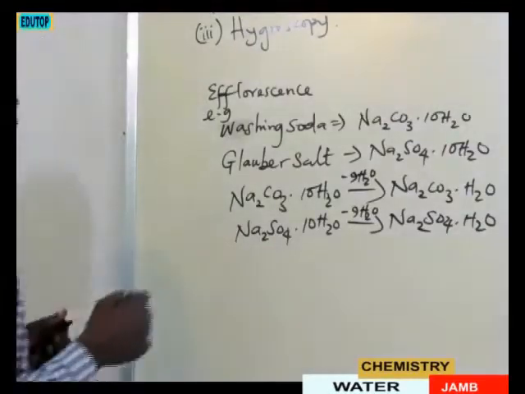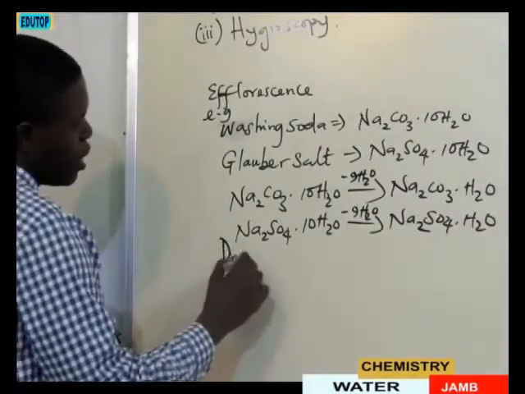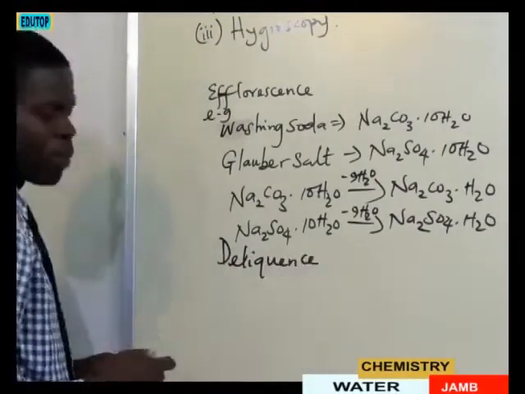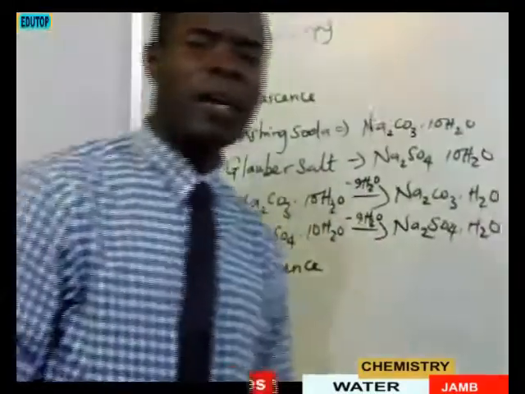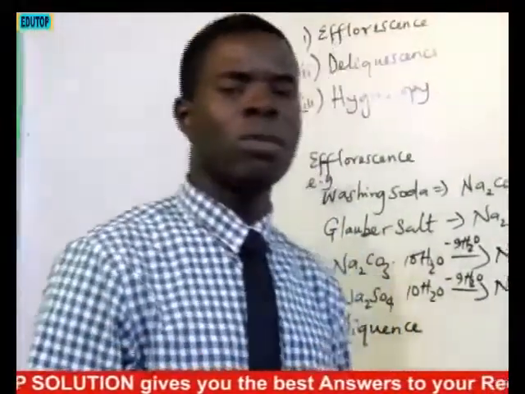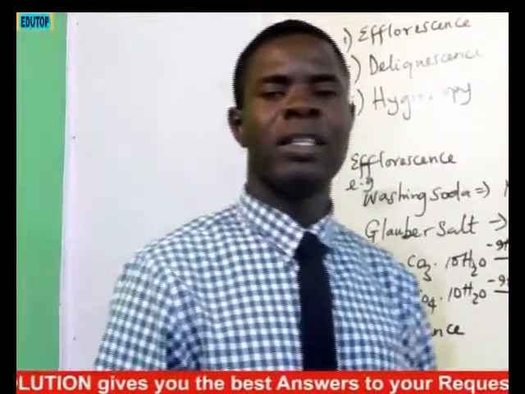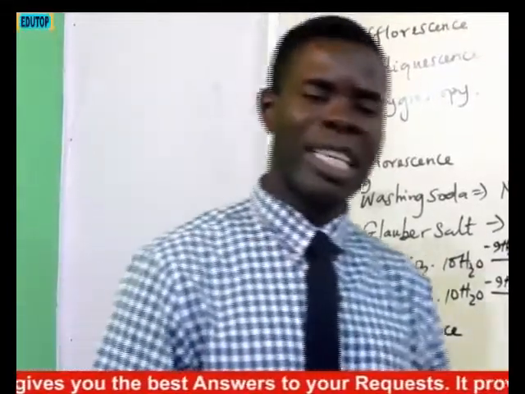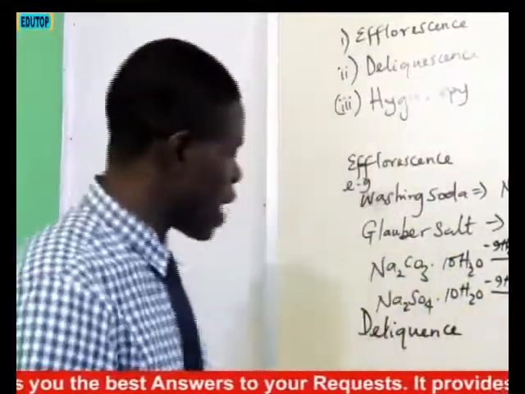Then also deliquescence. Deliquescence is a phenomenon whereby some salts tend to absorb moisture when they are being exposed to the atmosphere, and they eventually turn into solution. Take note of that.